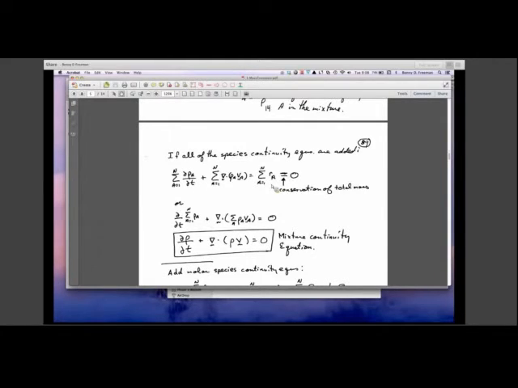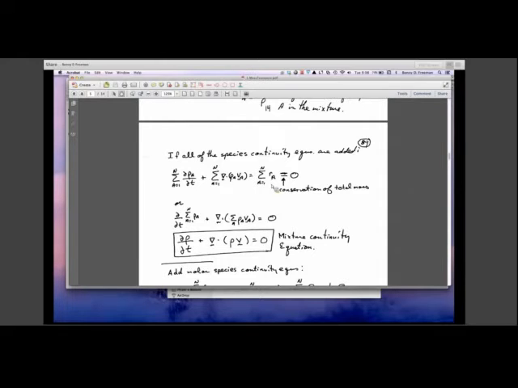If we wrote down the species continuity equation and added it up over all of the components in our mixture, and let's say the mixture has n components in this case, I would add d rho_A/dt over all of the components, and I would add up the sums of the divergences of the fluxes over all of the components, and I would add up these reaction rates over all of the components.